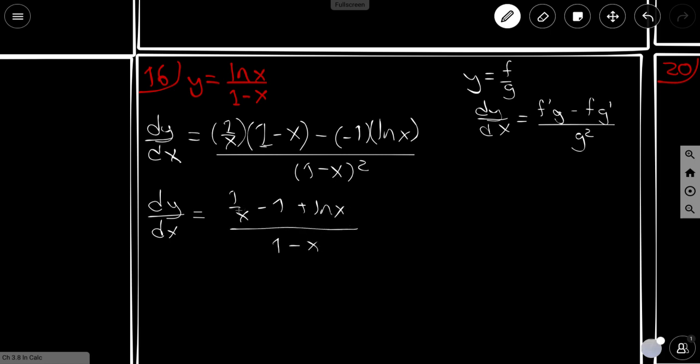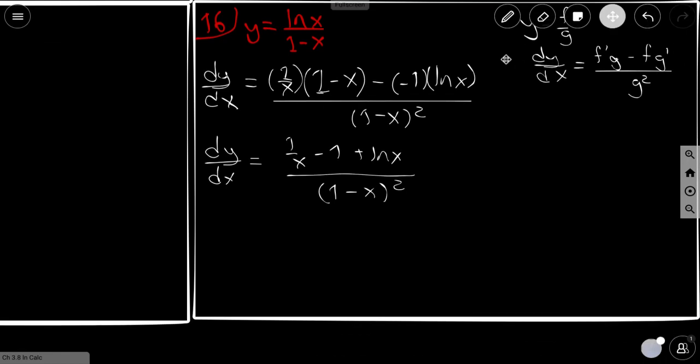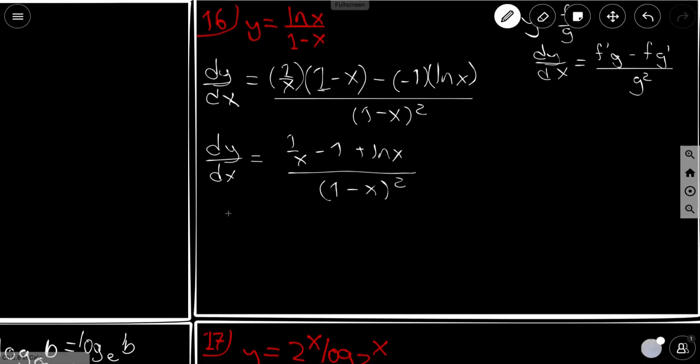And I think this is called an improper fraction, so when there's a fraction within a fraction. Actually, it's not an improper fraction. There's another name for it. But I'm going to go ahead and get rid of it by multiplying both the numerator and the denominator by x.